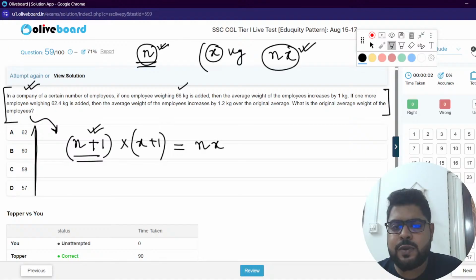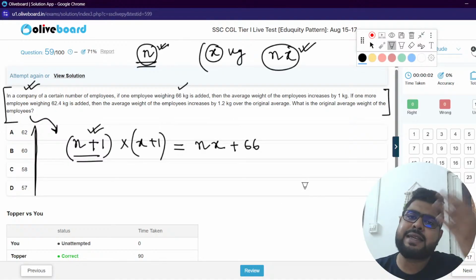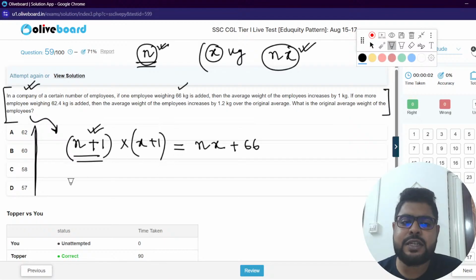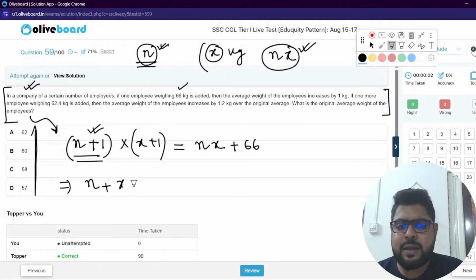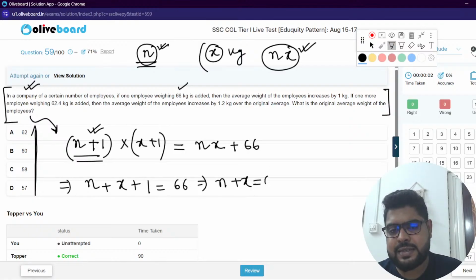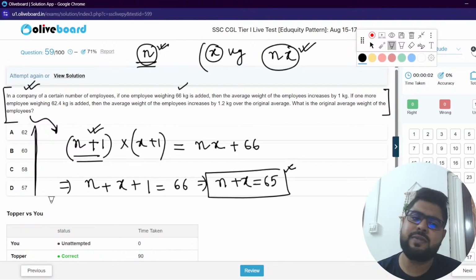Initially the total weight was nx, plus now one employee of 66 kg has been added. So this is the equation. Now if you multiply, nx will cancel. So it will be n into 1 plus x into 1 plus 1 into 1 is 1, and that is equal to 66. And from there you can write n plus x is 65. It will be a little bigger no matter what I do.